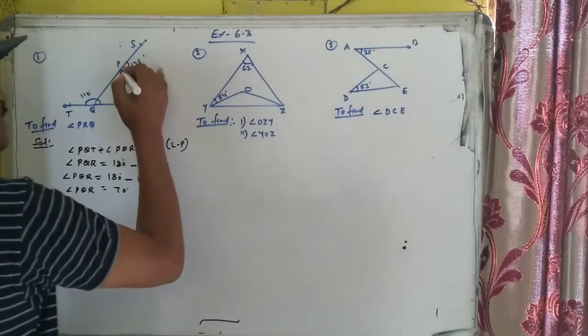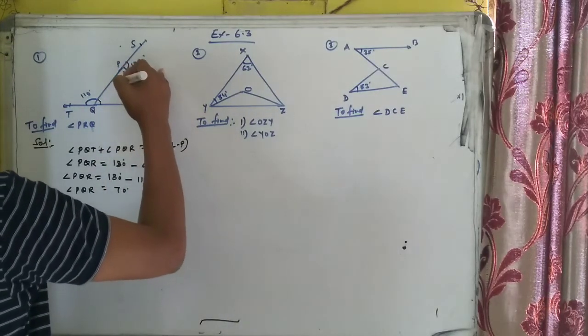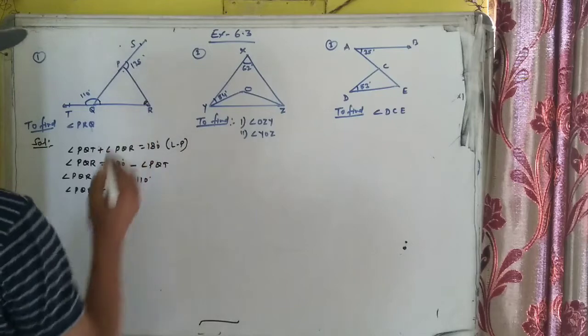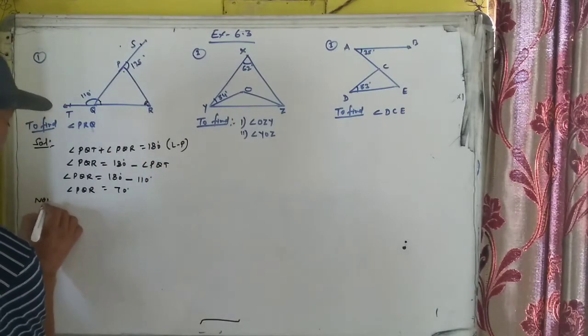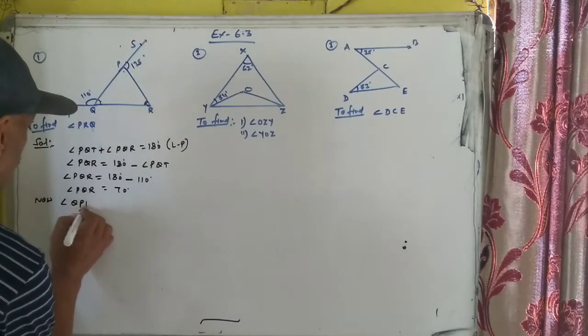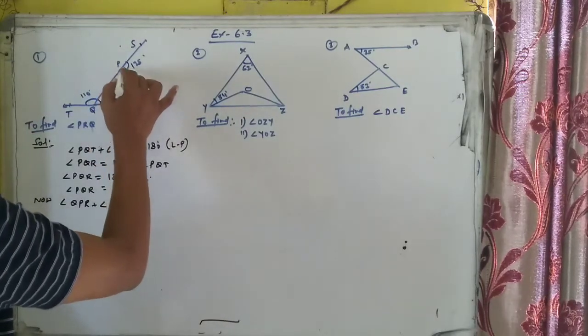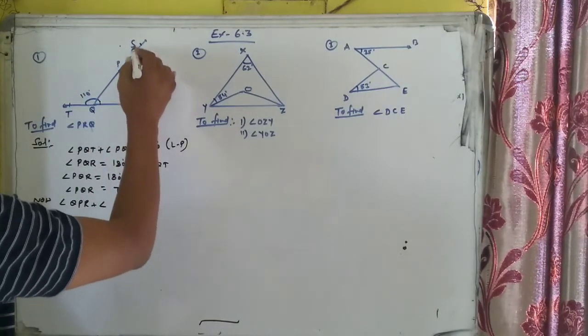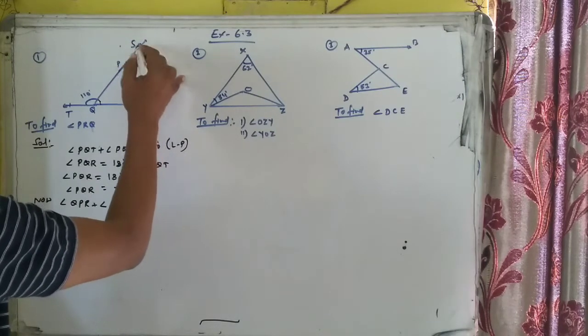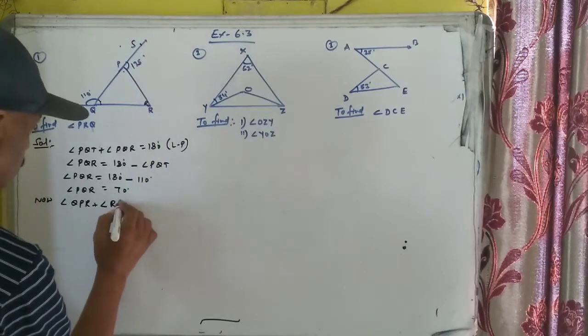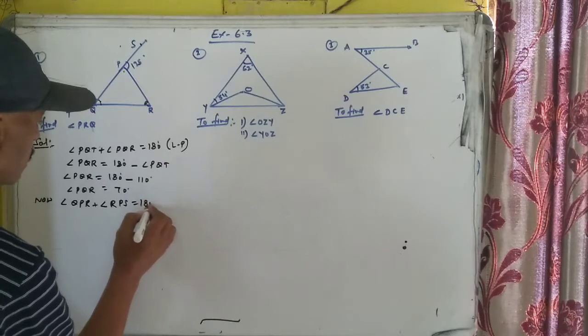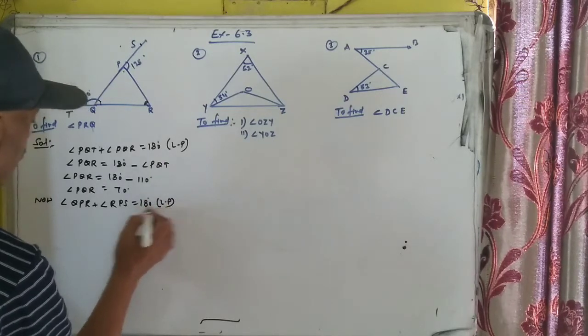In the same way we can get this angle QPR. Now angle QPR plus angle SPR, your RPS, equal to 180, linear pair.